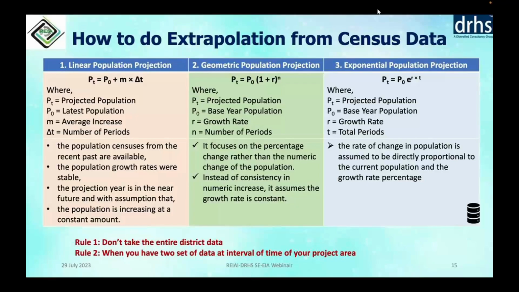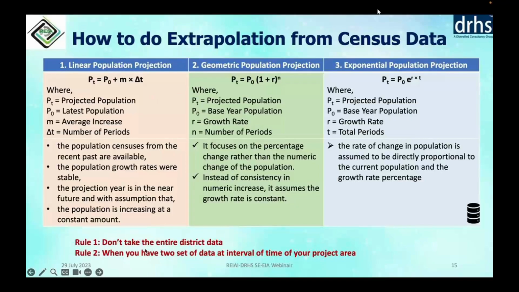If all these conditions are applicable, you can use linear. If these two conditions are applicable, you can use geometric. And for exponential, this is the major condition where you have to judge whether to use exponential, geometric, or linear population projection.